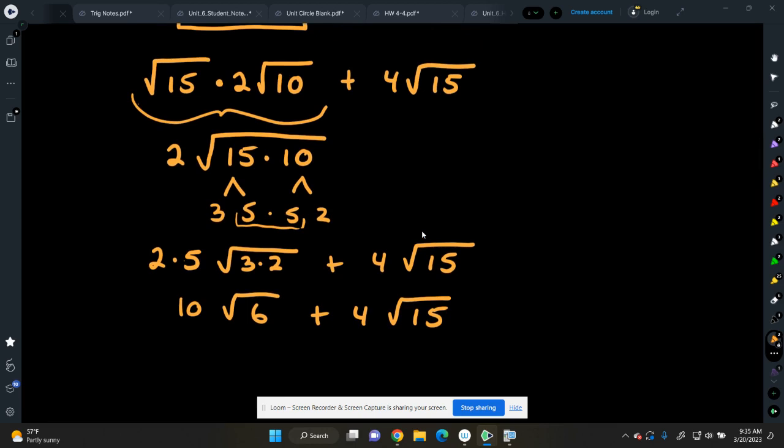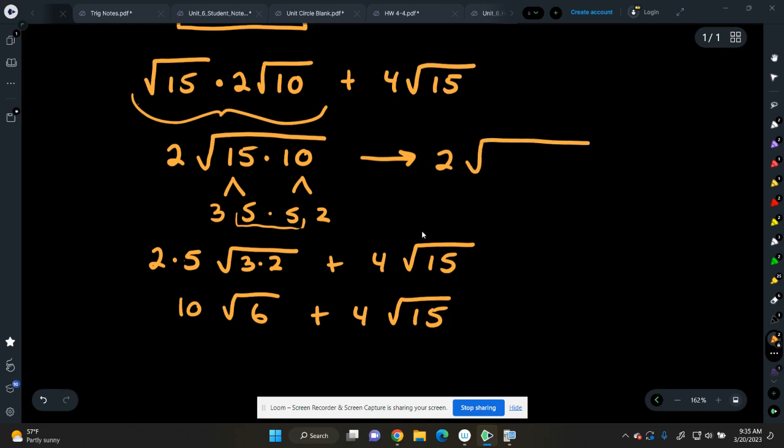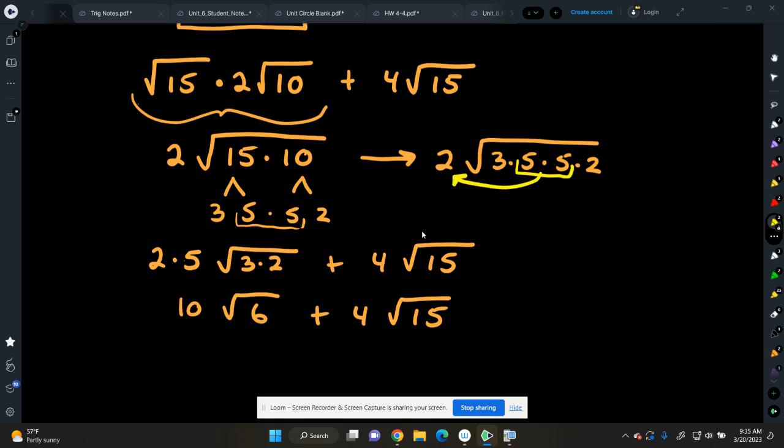Okay, so if I rewrote this part here, this is 2 root 3 times 5 times 5 times 2. So I took these 5s and kicked them out. So now I have 2 times 5. Whatever's outside, we combine those. And that left me with the 3 and the 2 inside.